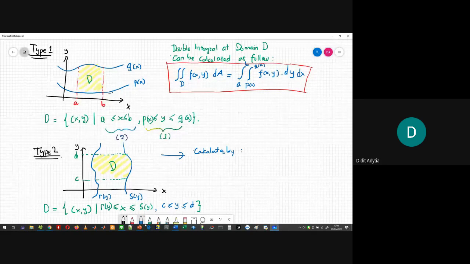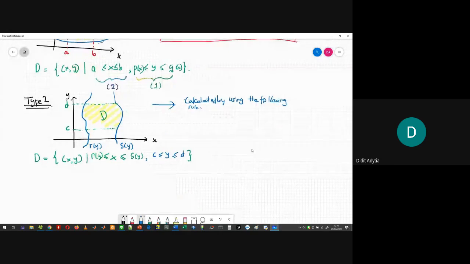Now the integration is calculated by using the following rule. Okay, now I have something.